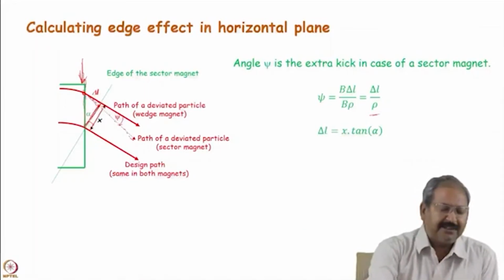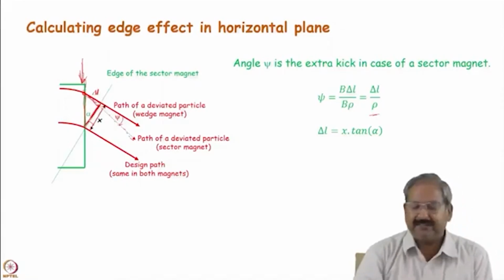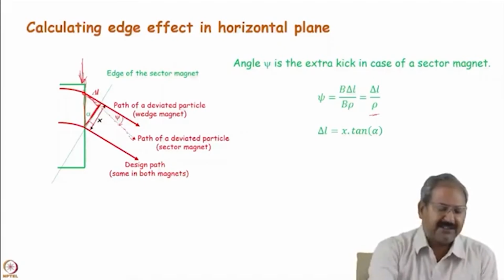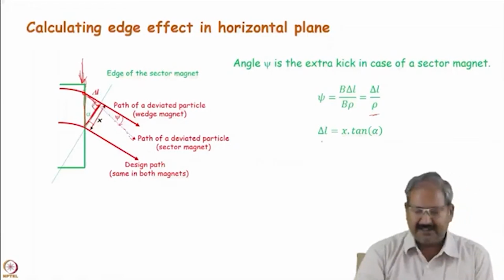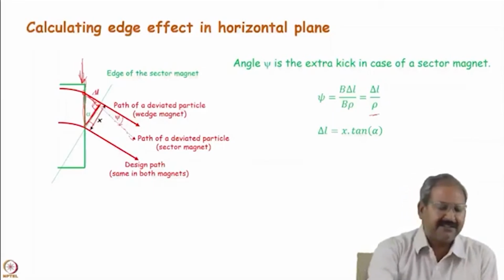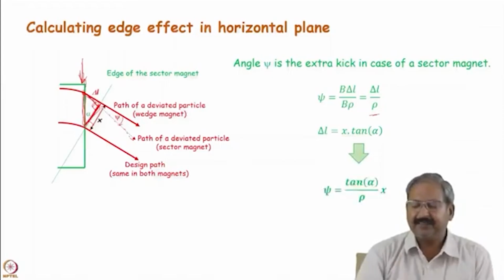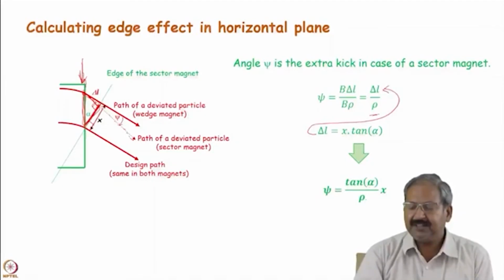And in this case, you can calculate alpha very easily. Assuming this triangle, in the case of the sector magnet this will be 90 degrees. So delta L is x tan alpha in this triangle. Now put this delta L here, so you will get psi equal to x tan alpha by rho.